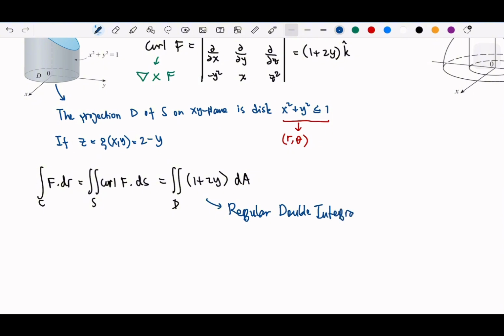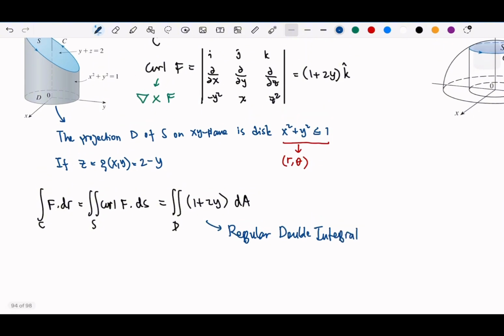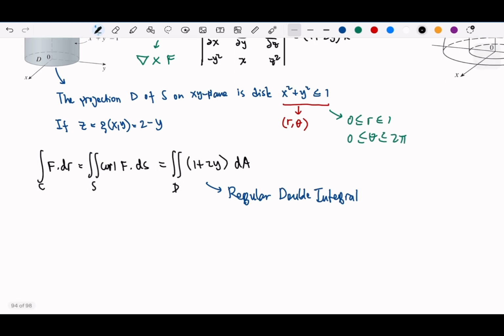How to solve this is basically taking r and theta on the circle. Here the radius r goes from 0 to 1, and theta from 0 to 2 pi. So we have a double integral in polar.